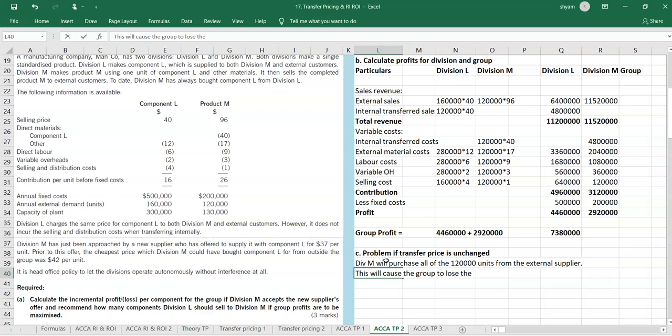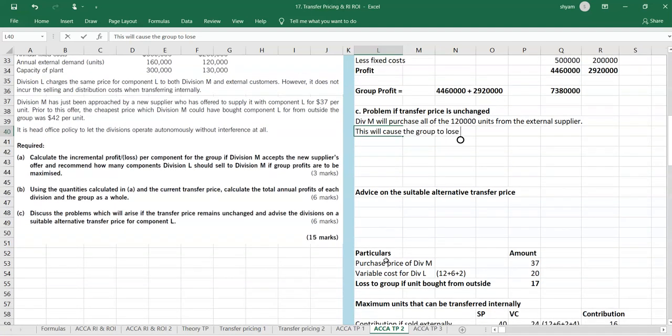This will cause the group to lose, okay, the group will lose $17 because if they purchase from outside it's $37. The production cost itself is only 20. Okay, so they will lose $17 per unit, right?